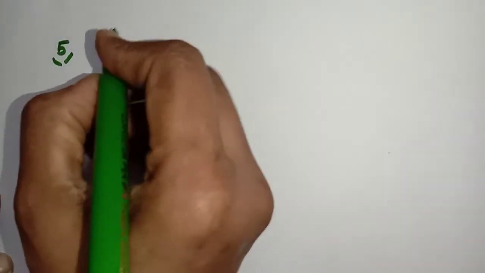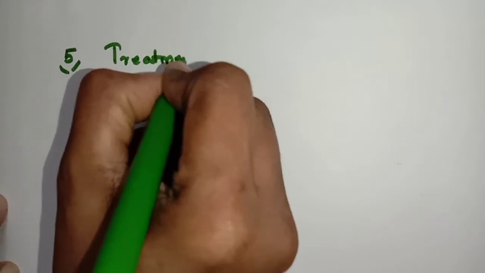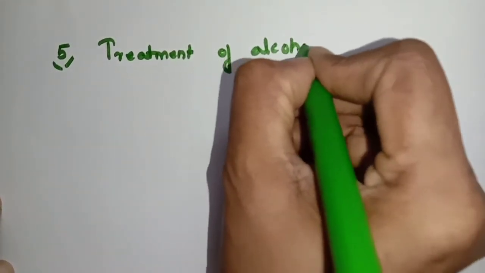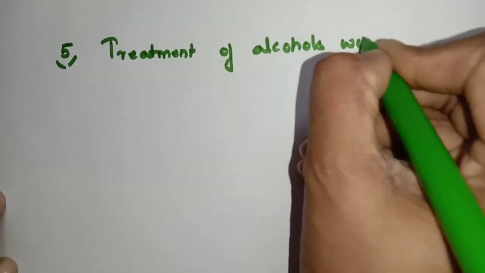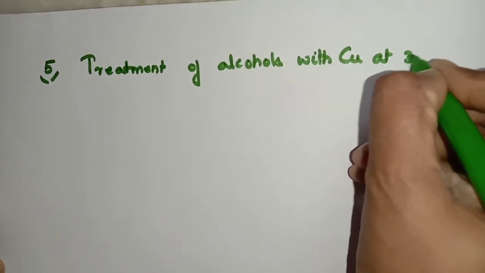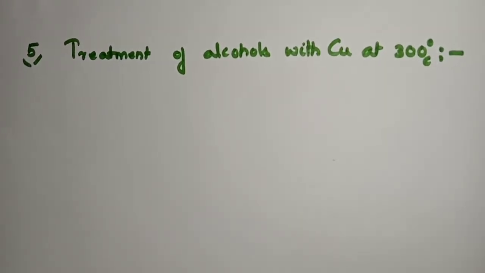Next, coming to the fifth method. The fifth method is treatment of alcohols with copper at 300 degrees centigrade.